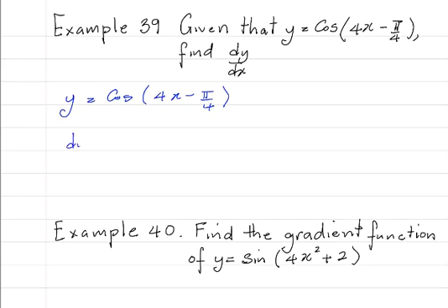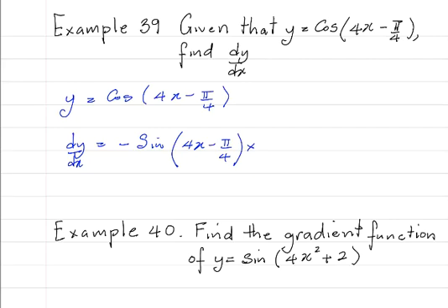So dy by dx would be equal to, if we differentiate cos, you get minus sine, so this is minus sine, and we have 4x minus pi by 4 inside the bracket, multiplied now by the differential of the inside function. The inside function is 4x minus pi by 4.